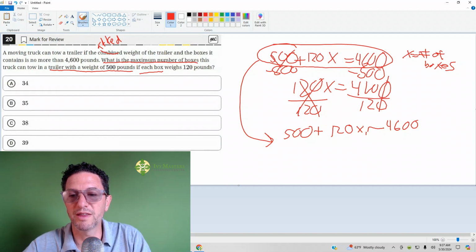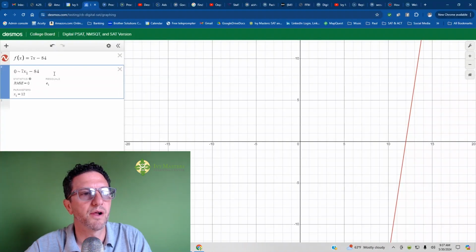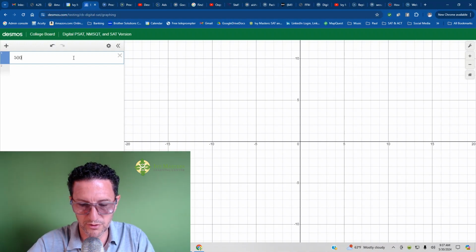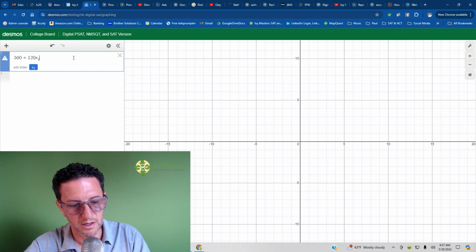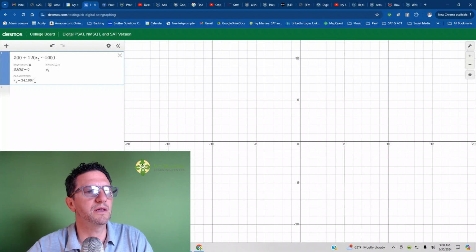So I'm going to plug that in. So right here, it's 500 plus 120 x1 tilde 4,600. And notice it gives me the answer right down here.